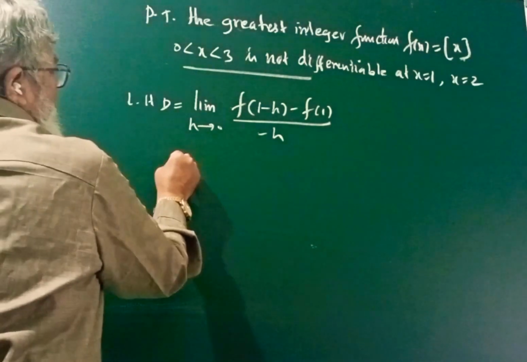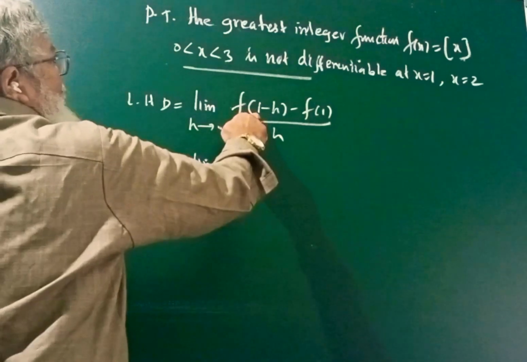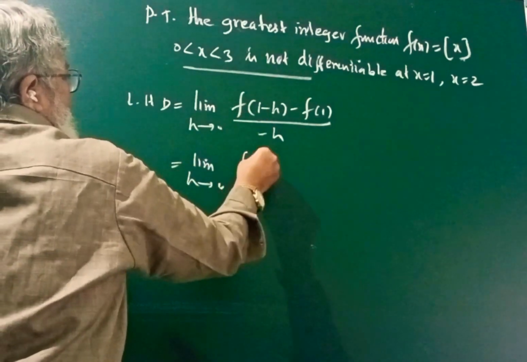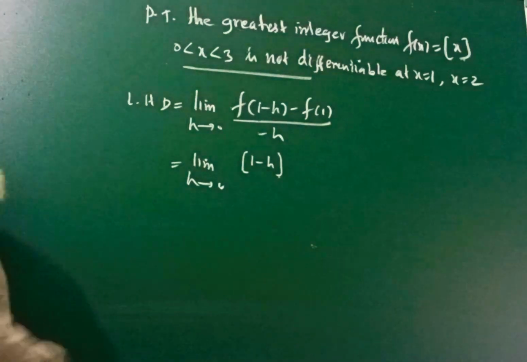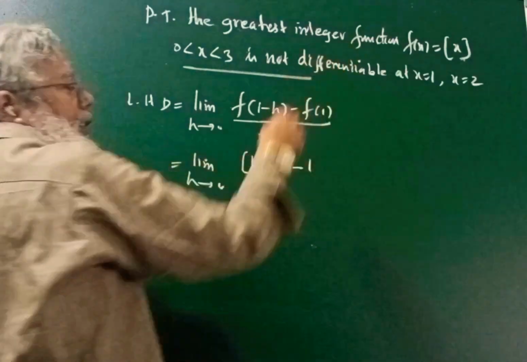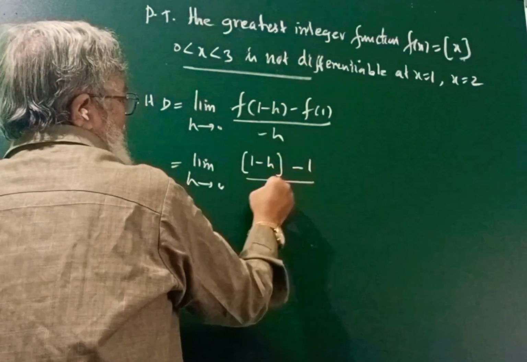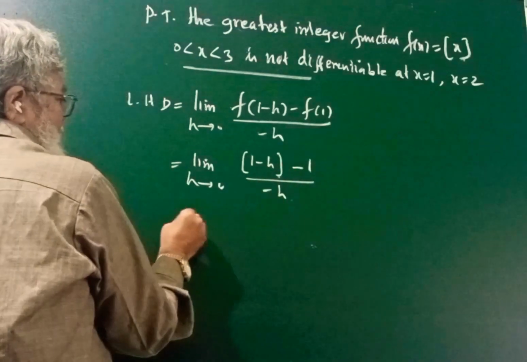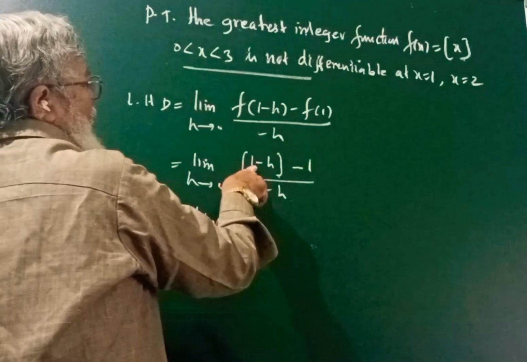Now see here, limit h tends to 0, f of 1 minus h means greatest integer function of 1 minus h, and f of 1, you know, that is equal to 1 here. The greatest integer function of 1 is already an integer, its value will be 1 only, divided by minus h. Now you see here, limit h tends to 0 of 1 minus h.